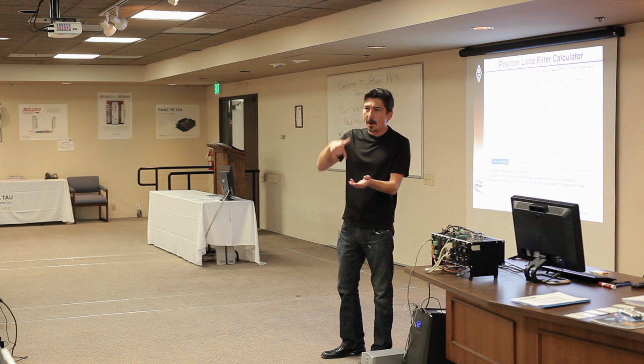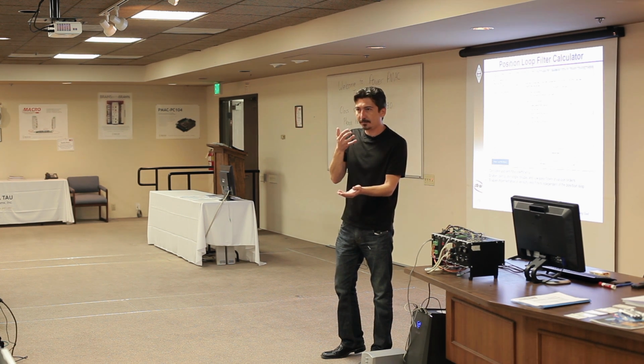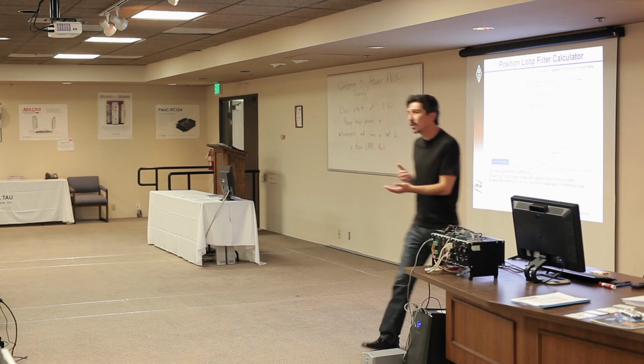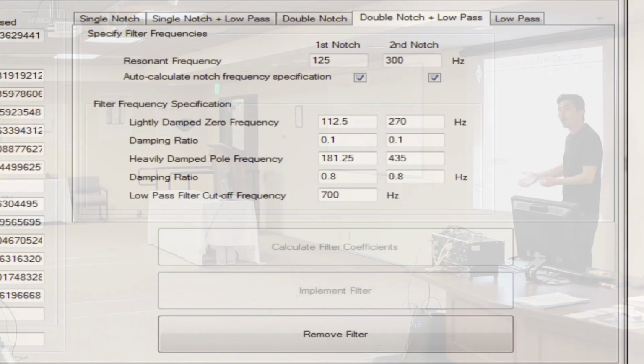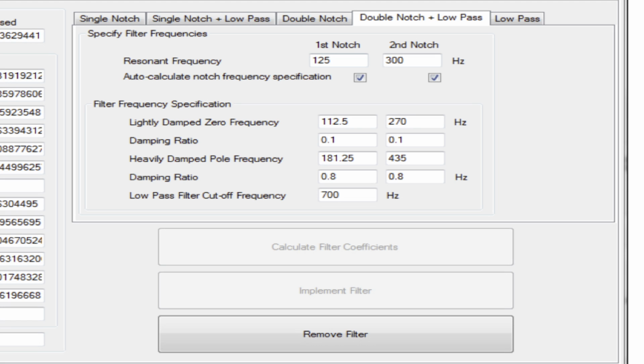So even if you come with a different computer, it's going to grab all that information, and the software is going to check first and show what type of filter it has. Was it a notch? Was it a fifth order low pass? And it's going to come up with that page for you.